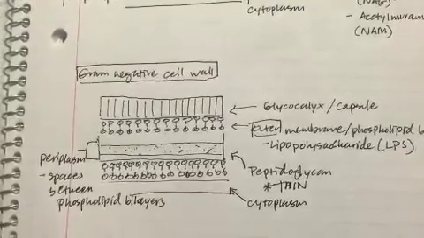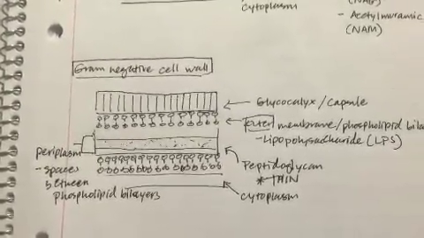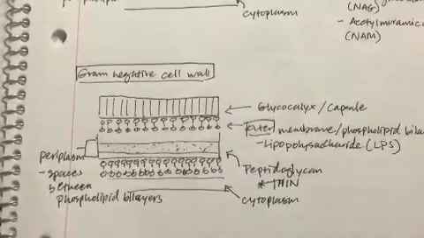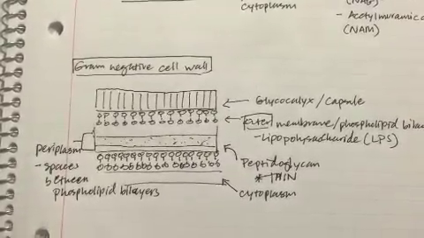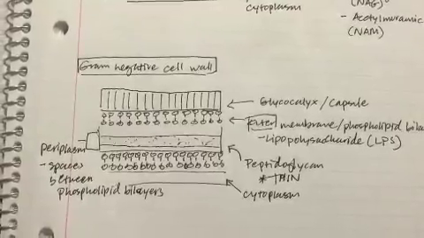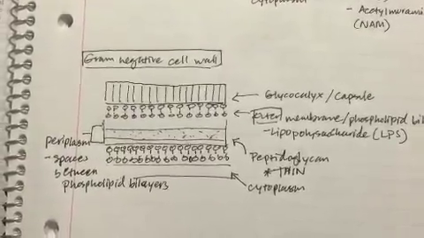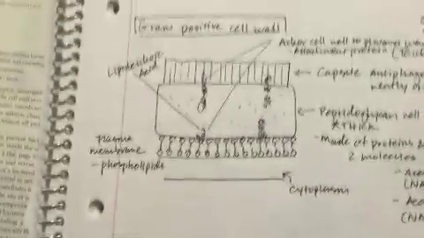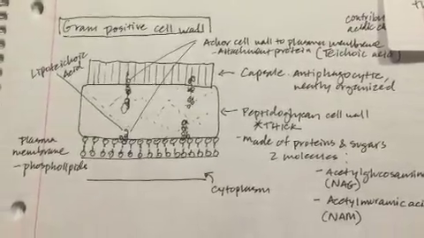Penicillin prevents peptidoglycan from forming. So that's an example of an antibiotic. It makes the cell wall useless and vulnerable to rupturing or lysis in gram-positive cells.